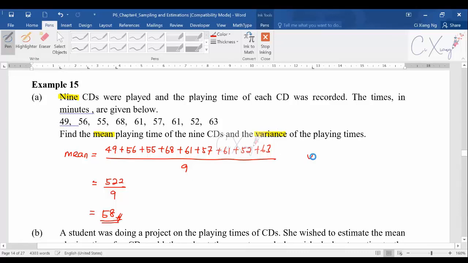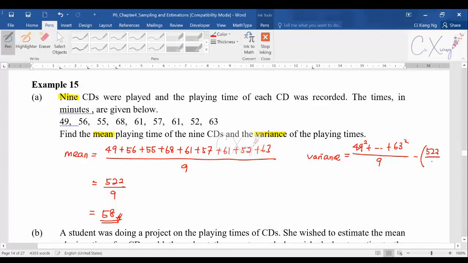Okay, and then to calculate the variance, you need to have the summation x squared. So summation x squared means 49 squared, then plus until maybe 63 squared, divided by 9, then minus the mean square.